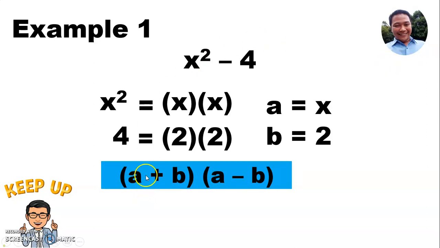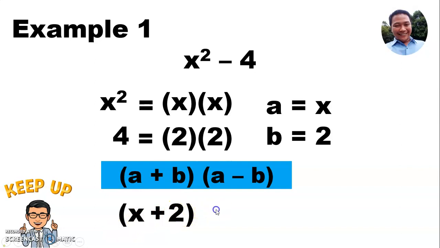So we're going to substitute the values of a and b. Let's start substituting. a is equal to x. So we have here x. Copy the operation plus, substitute the value of b, which is equal to 2. So we have x plus 2.